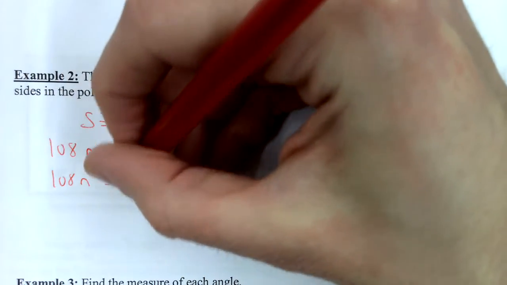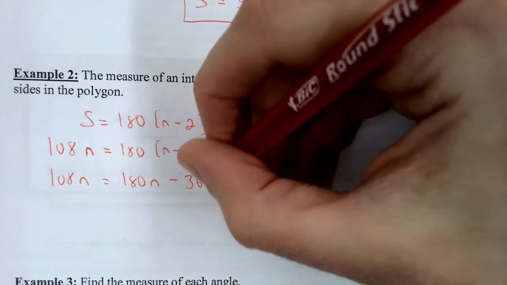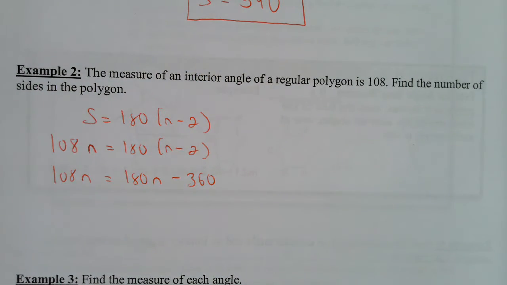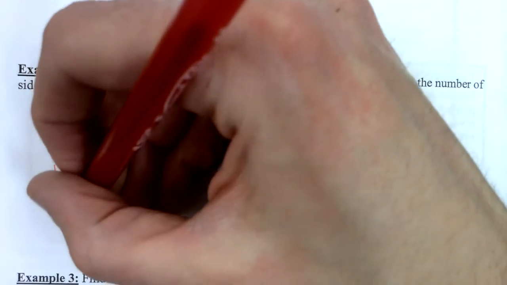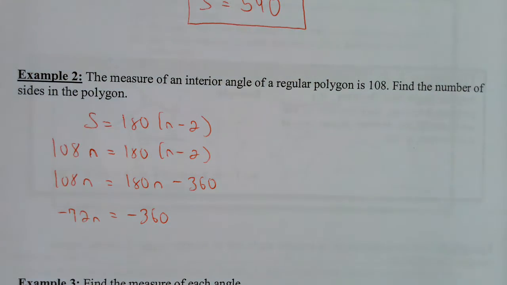Distribute: 180n minus 360. Subtract 180n on each side. You get negative 72n equals negative 360. And then when you divide, you get n equals 5.